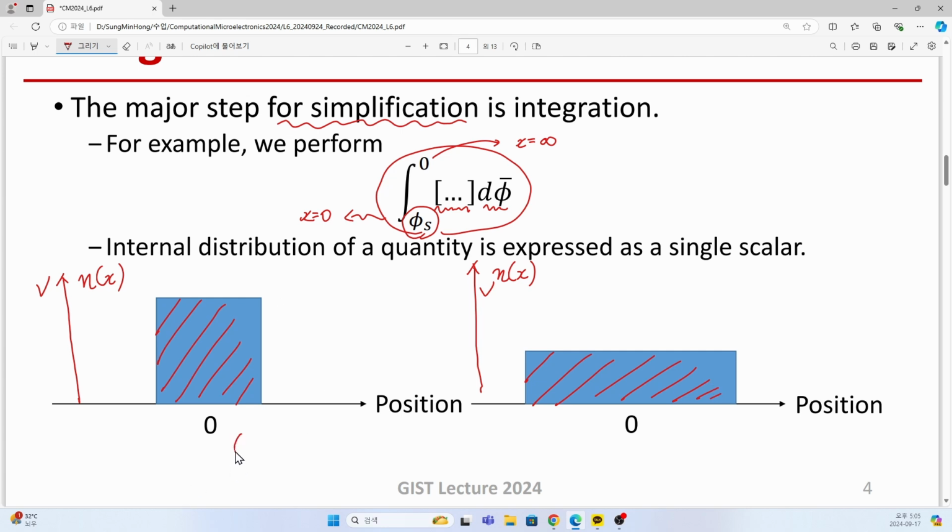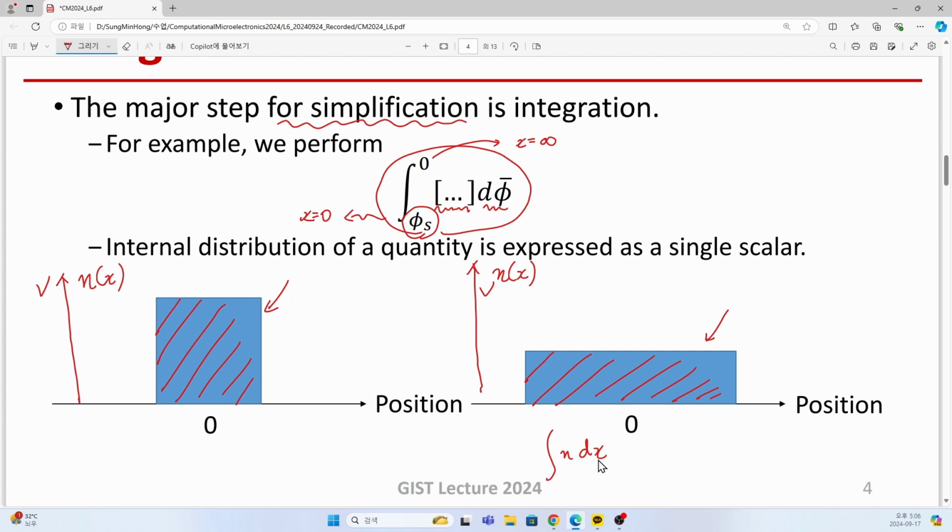So simply speaking, if we make such kind of integration, then these two different distributions will give us the same scalar value. However, that does not mean that these two different distributions are identical.